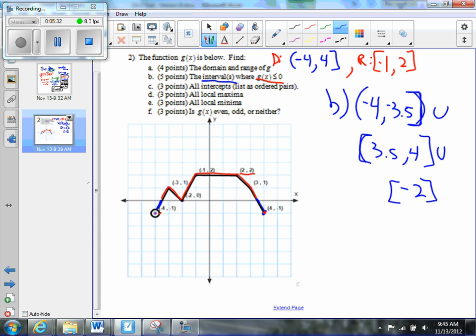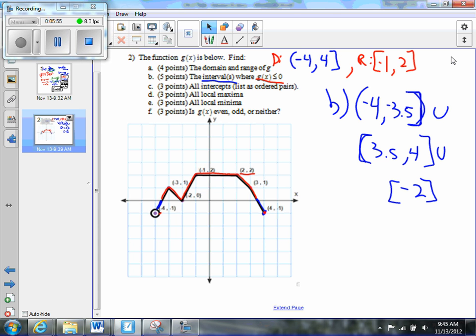Why are you in brackets? When you put brackets. Okay. What I'm asking for is where is the function less than or equal to 0? At x equals negative 4, there is nothing there. But it starts right there, and it is less than 0. You see why it's less than 0, right?